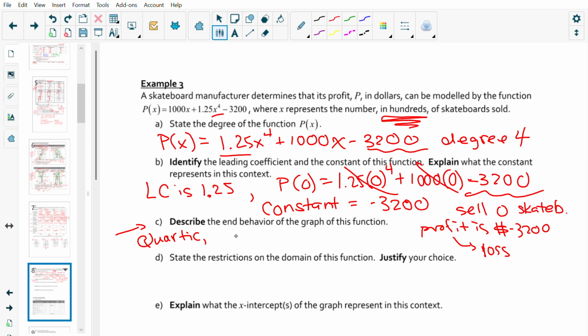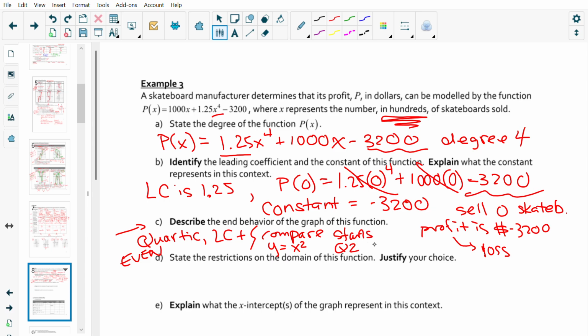Describe the end behavior of the graph of this function. Well, it is quartic. LC is positive. So quartic, even degree. I'm going to compare y equals x squared, right? We know how that behaves.